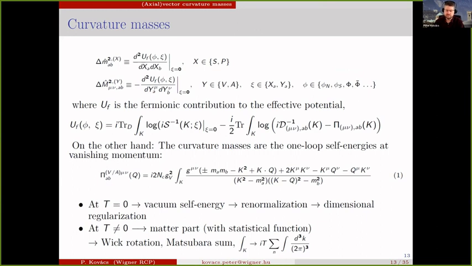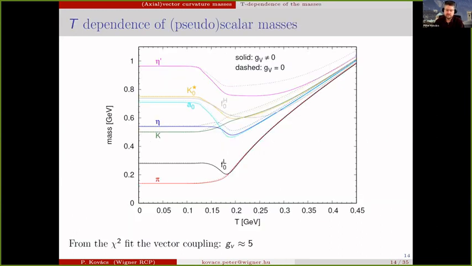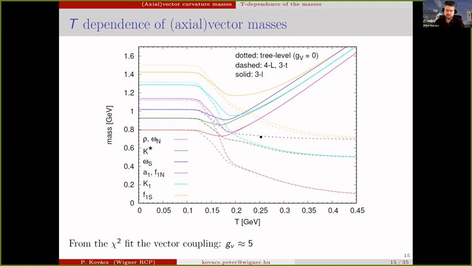Then through the parameterization, which I showed earlier, we get some value for the vector coupling, for which there is otherwise no data. In our model, this is a dimensionless parameter which we get around 5. This will be important a little bit later. And for the axial vectors and vectors, the interesting thing is that there is some mode decomposition.